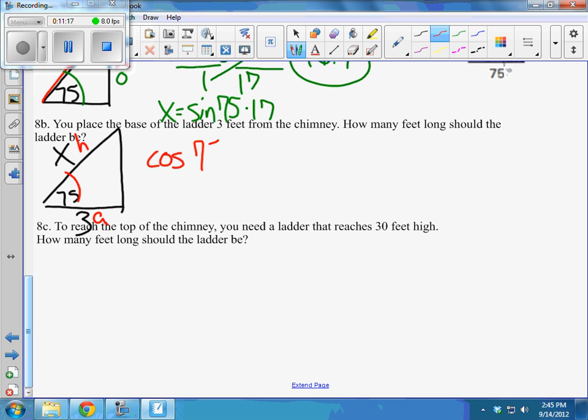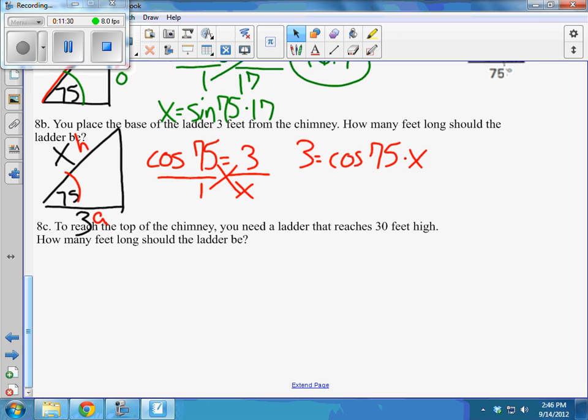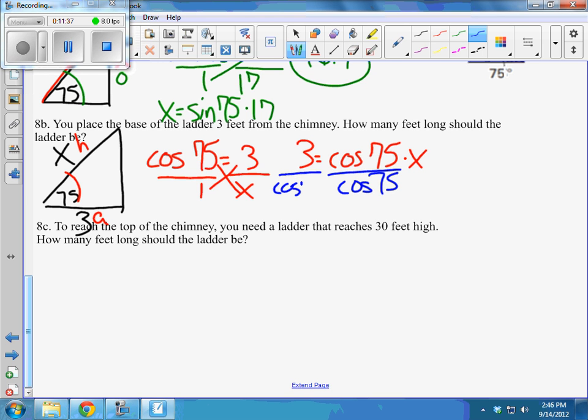So cosine of my angle equals adjacent over hypotenuse. Now we go to cross products. 3 times 1 is 3. That should be the same as cosine of 75 times x. So my only step to get x by itself is divide by cosine 75. So when I'm done typing this into my calculator, we get x to be about 11.6.